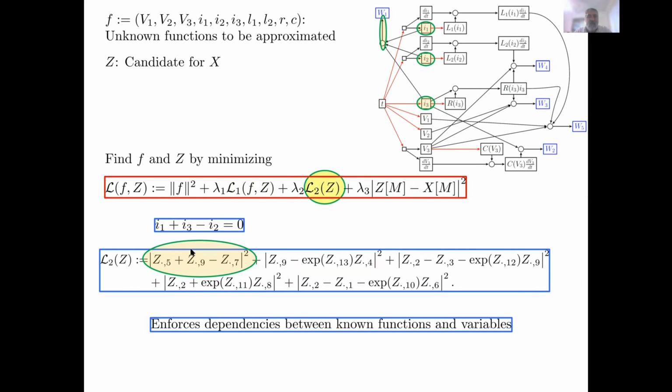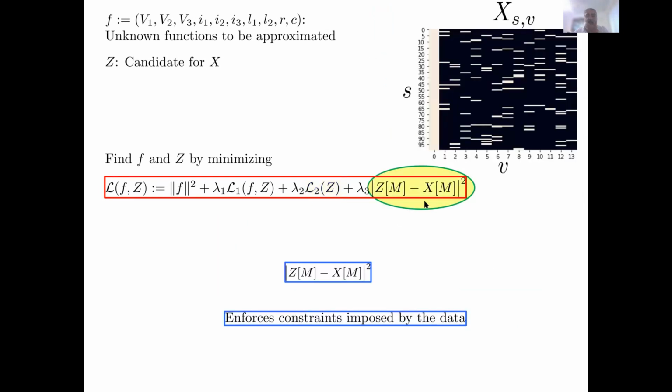So for instance, that term highlighted in green enforces the constraint that the variables representing the values of I1, I2, and I3 must be such that I1 plus I3 minus I2 is equal to 0. And the last term in the loss enforces constraints imposed by the data. Note that the terms L1, L2, and L3 are soft constraints which can be turned into hard constraints.